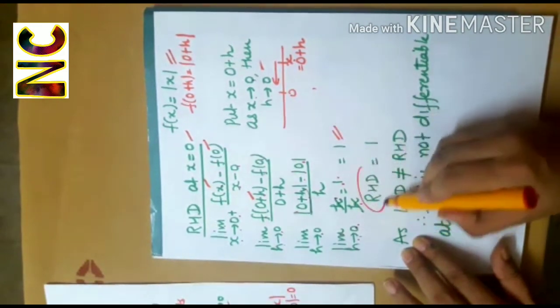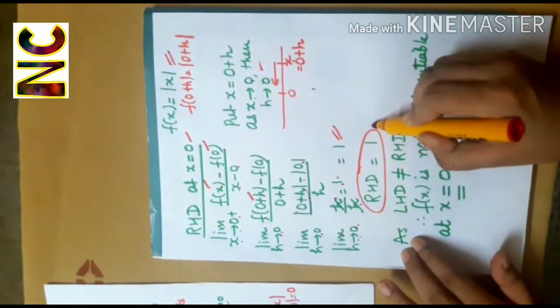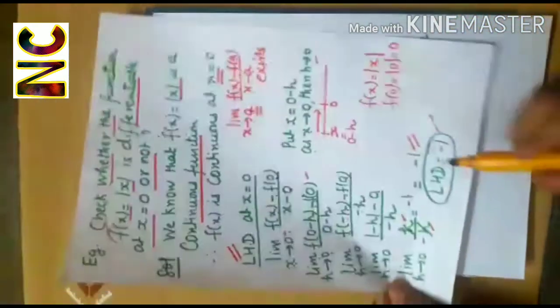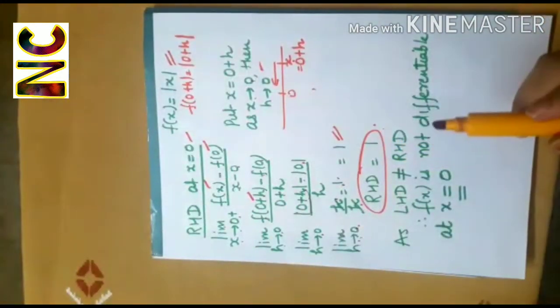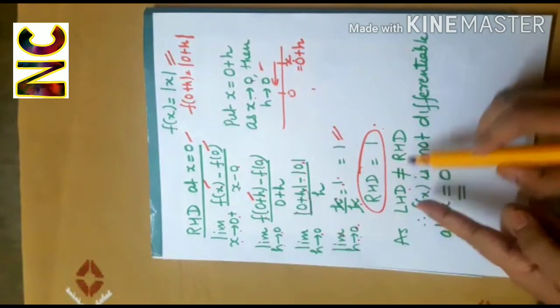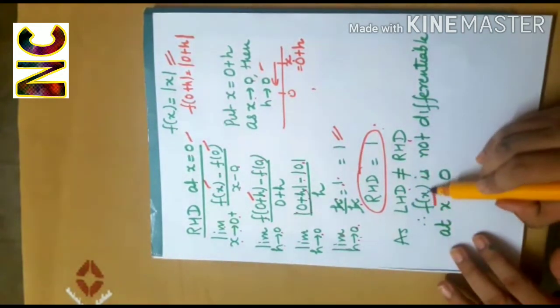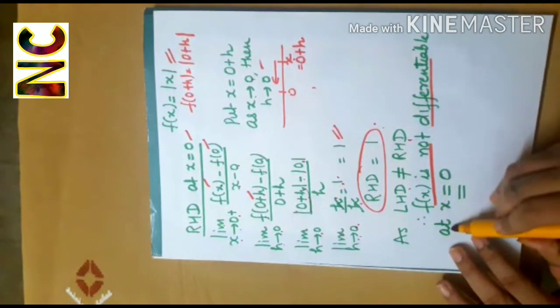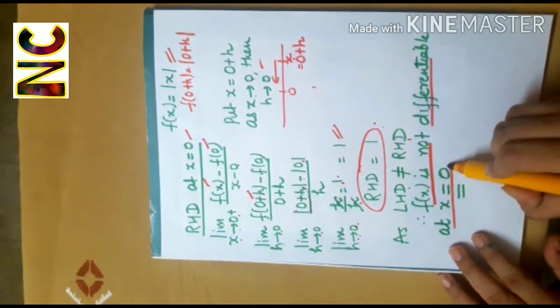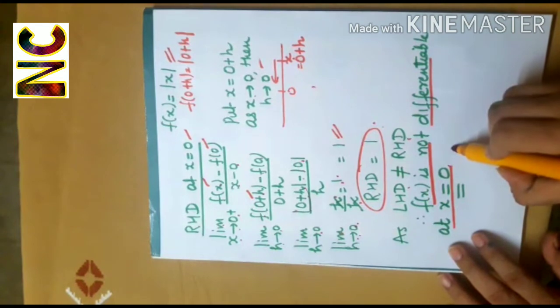So the right hand derivative is equal to 1. Yes, the left hand derivative was minus 1, the right hand derivative is 1. So the left hand derivative and right hand derivative are not equal. Therefore, the function is not differentiable at x equal to 0.